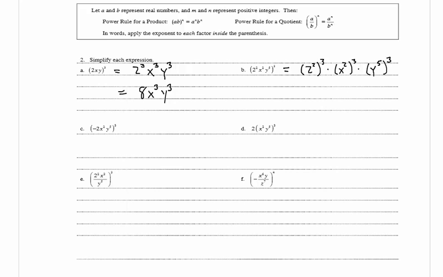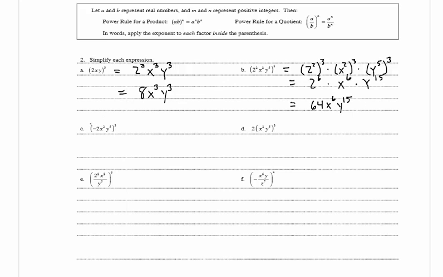And now we can use the power rule, and we could say that 2 squared raised to the third power is the same as 2 to the sixth, because 2 times 3 is 6, times we have x squared raised to the third power, and we could say that this is x to the sixth times y, and we have y to the fifth raised to the third, and 5 times 3 is 15, and 2 to the sixth is equal to 64, so we have 64 x to the sixth y to the 15th.